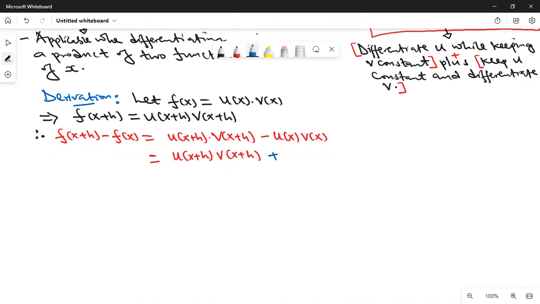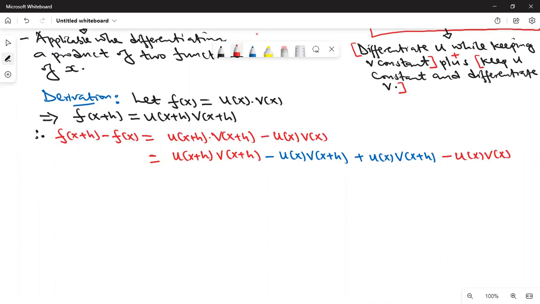We are subtracting u of x times v of x plus h. We are also adding the same u of x times v of x plus h. Then remember the other term was minus u of x v of x. Look at what I've written in blue color. I've added the same thing and also subtracted, so I've not changed the original form of that function.